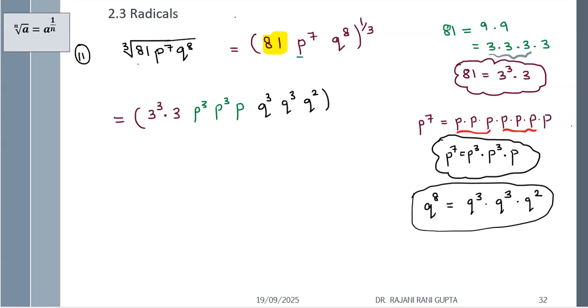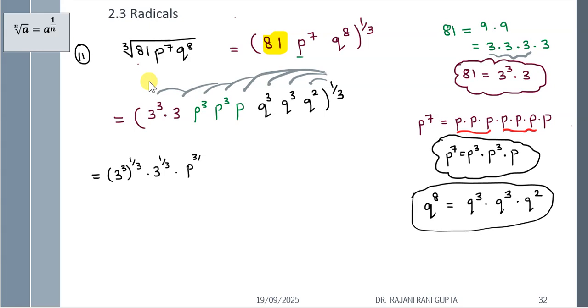This whole to the power 1 over 3. Now distribute this power with each term of q and p, here also with 3. What does it give you? 3 power 3 to the power 1 over 3 is 3 power 1 over 3.